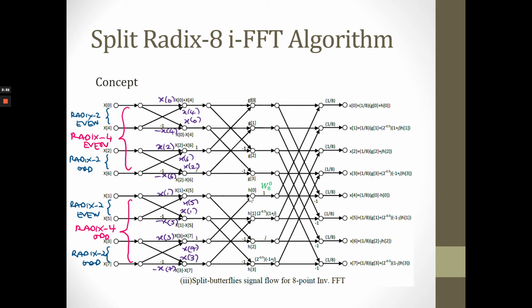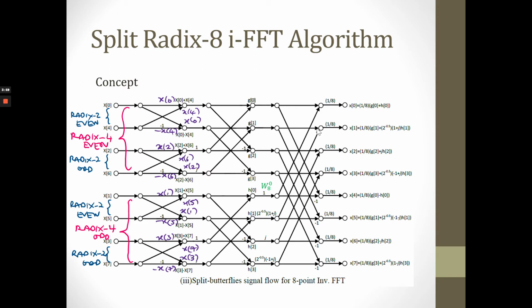From H0 multiplied with W0, which is 1, we have G0 plus H0 multiplied with 1 over 8. So we have this equation for x0. The next one, this is G1, plus from this one, we have this function multiplied with H1.